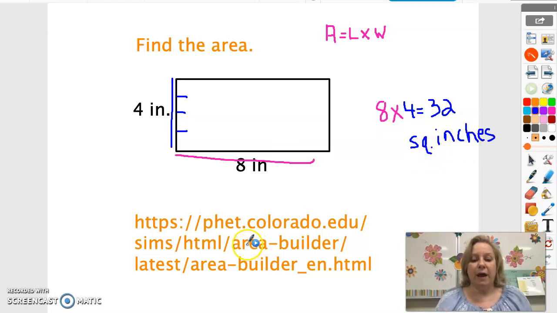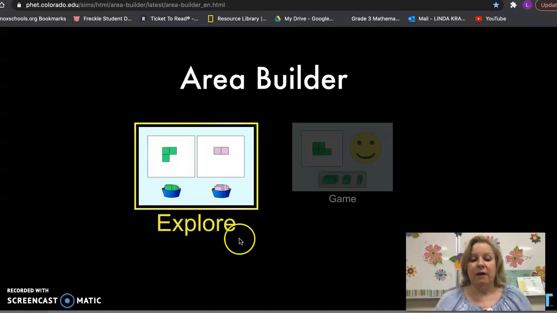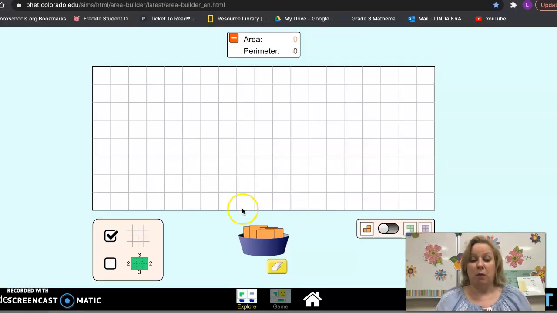We have our area builder on Canvas, and again I challenge you to open this up and play with it a little bit. You can put your tiles on your grid and find the area. Those are the square units that we're measuring by, but I challenge you to take those square units and actually put a measurement on each side.